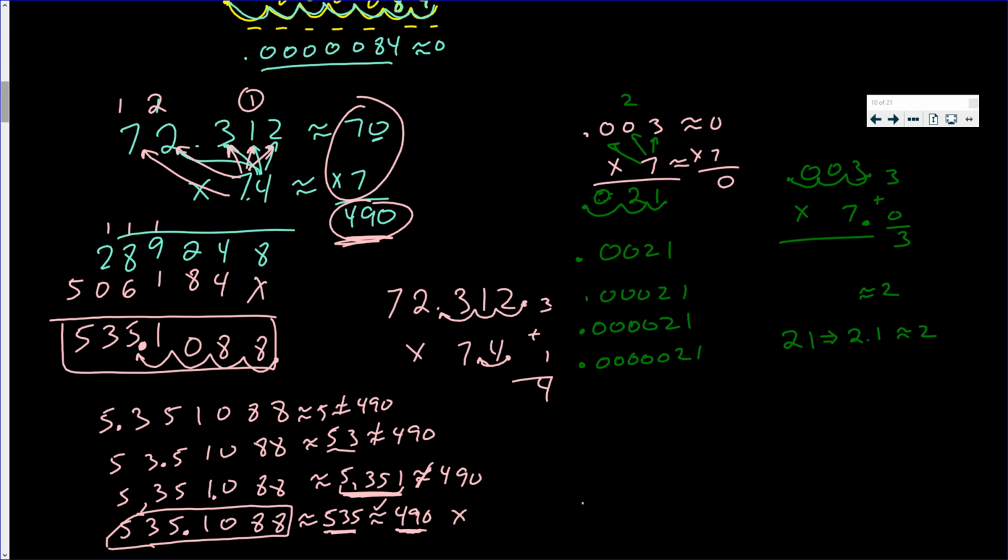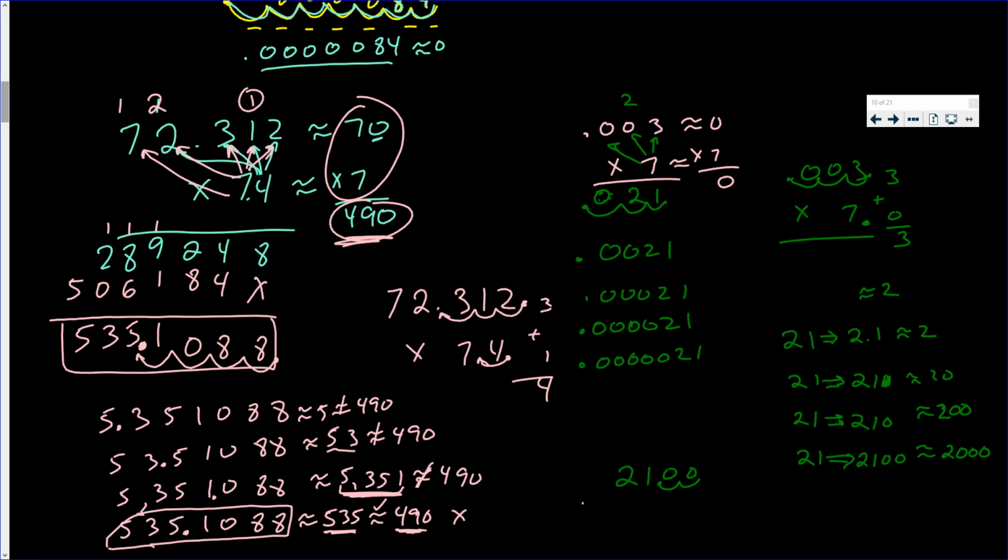If it was supposed to be around 20, then the 21 is really 21. If it was supposed to be around 200, then I would say the 21 should become 210. If it's supposed to be around 2000, then the 21 becomes 2100. Why? Because I moved the decimal 1, 2 places.